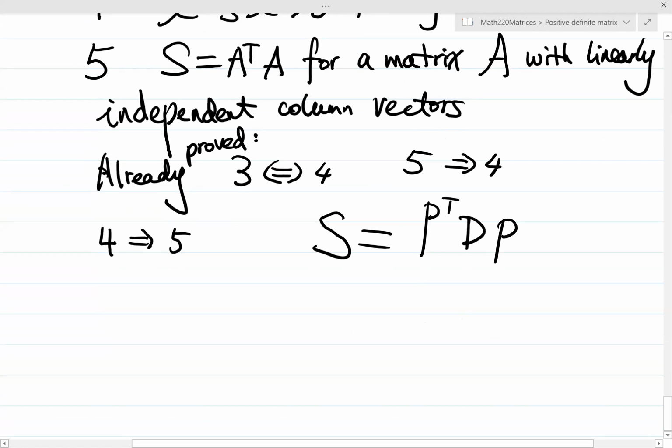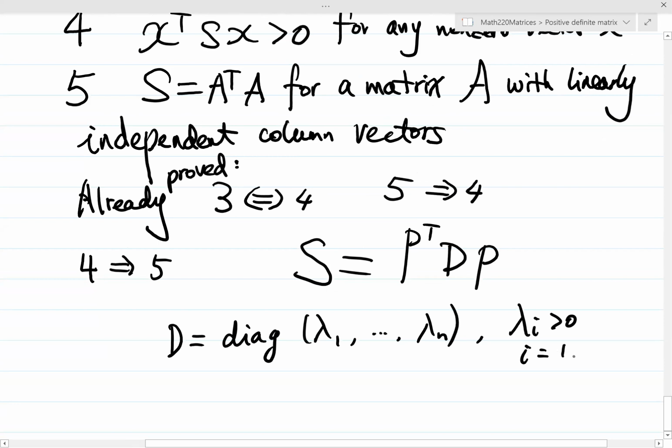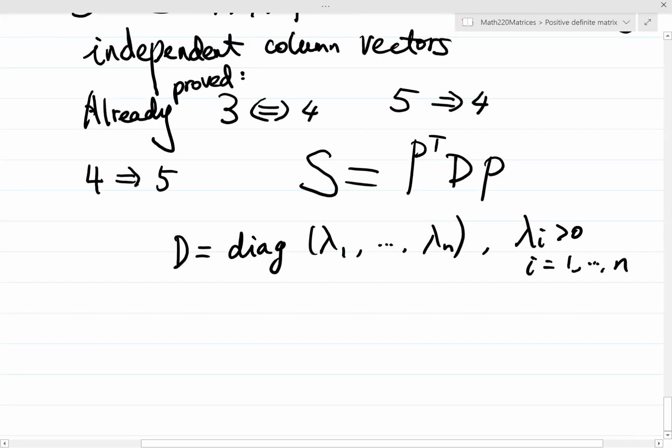All the diagonal entries of D are positive. The diagonal matrix D equals diag(lambda 1, ..., lambda n), where lambda i is positive, i equals 1 to n. Then square root of D is well defined. How do we define it?